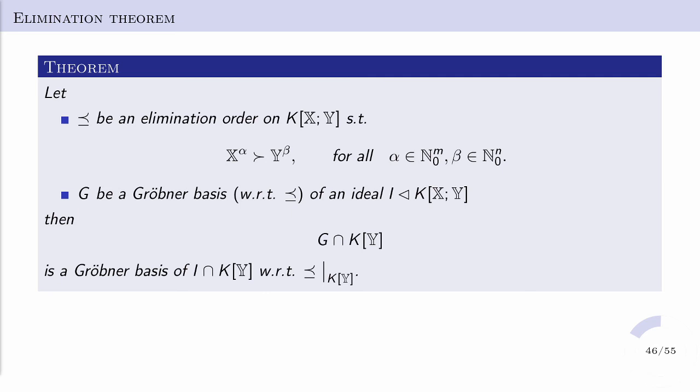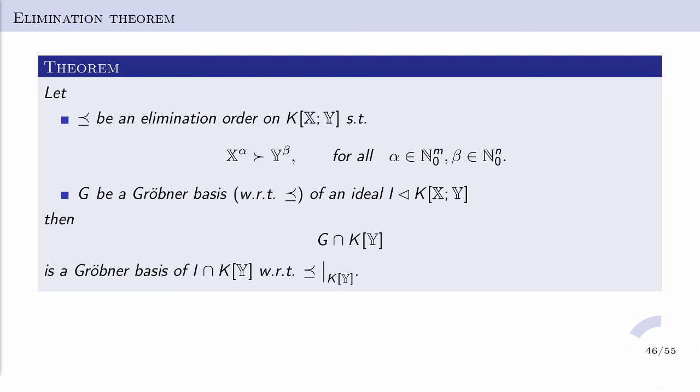This theorem says that if we compute the Grobner basis with respect to a monomial order that satisfies this condition, then this Grobner basis will contain polynomials that depend only on y's. So if we order variables from the biggest one to the smallest one, then the corresponding system obtained by the Grobner basis will be triangular.